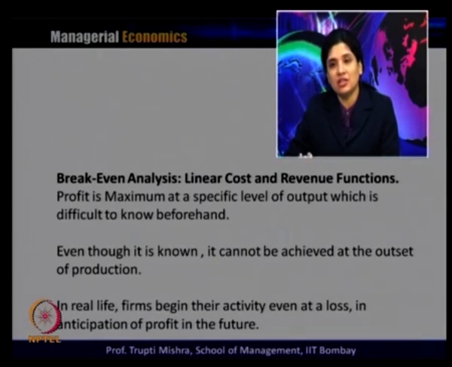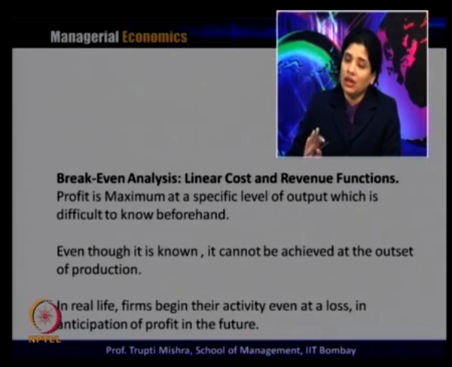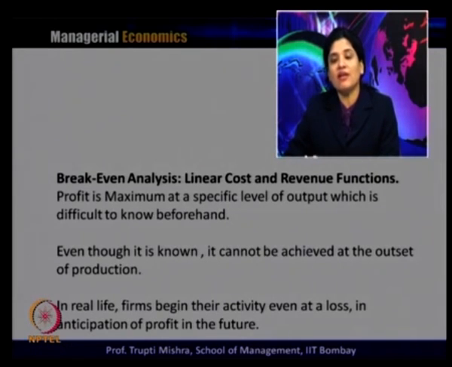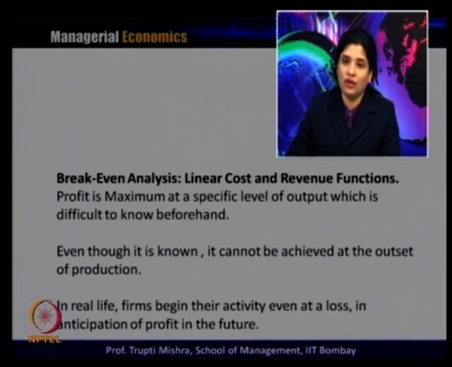The second difficulty is that even though you know at which level the output leads to the maximum amount of profit, it cannot be achieved at the outset of production. So, in real life, firms begin their activity even at a loss in anticipation of profit in the future.